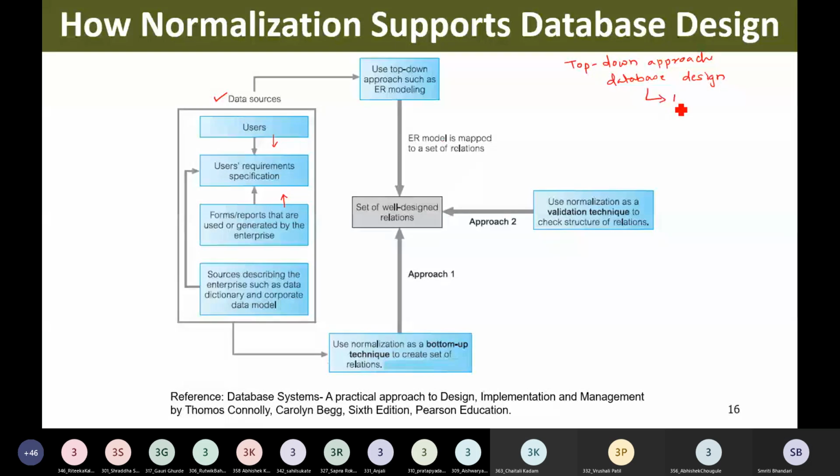And we followed these steps: we gathered the information, the requirement analysis was done, and based on the requirement specification, we tried to build the ER model, and afterwards that ER model was converted into the relational schema.